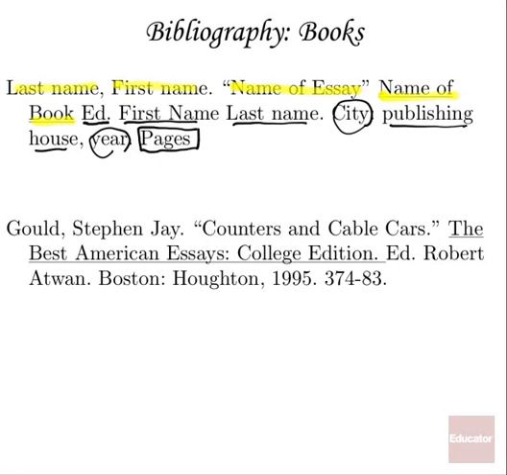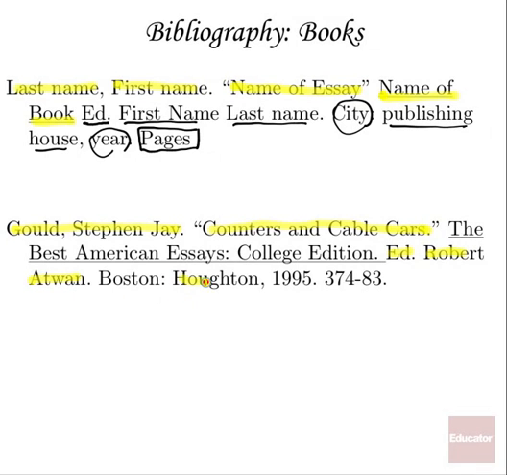Here we go. Here's a quick sample. Gould, Stephen J., has written an essay called "Counters and Cable Cars," The Best American Essays, College Edition. Great. I got the title of that book underlined or italicized. Who edited the book? Ed. Robert Atwan.